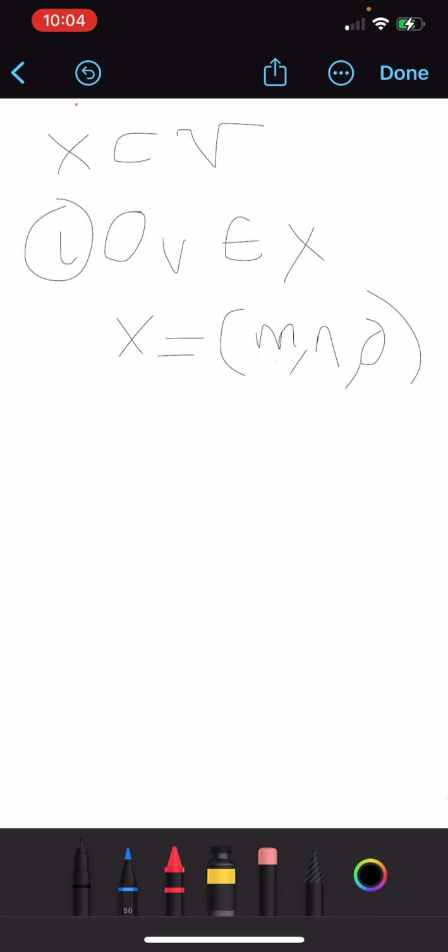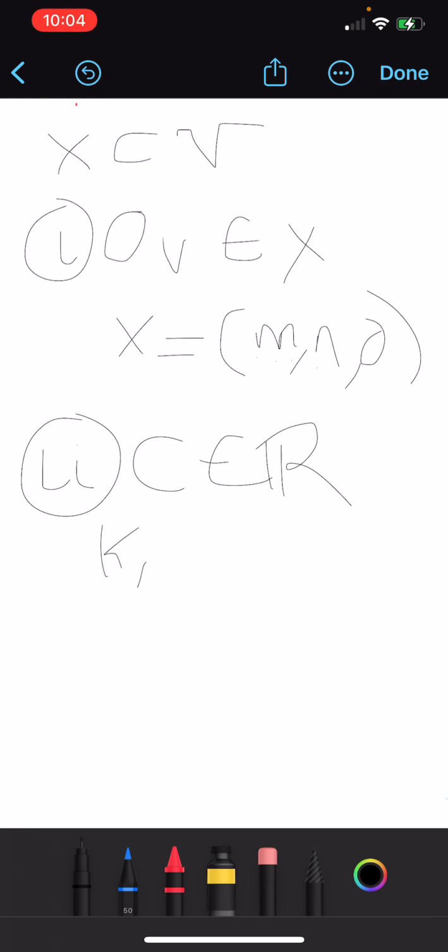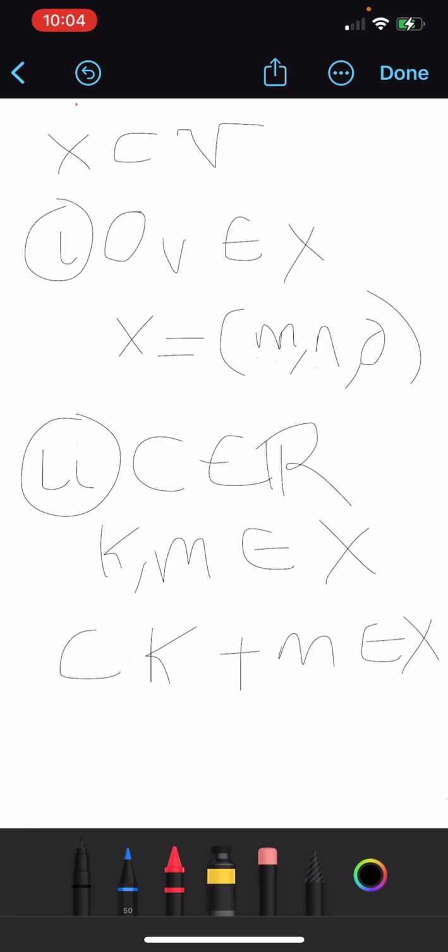And then the second condition is that for all scalars, so for every real number, and for any 2 vectors k and m that are part of our subset, the scalar times k plus m is also part of our subset.